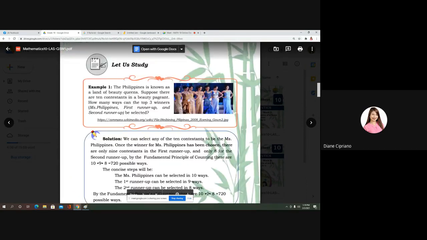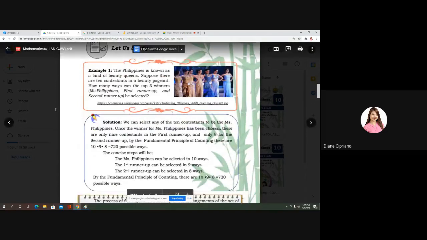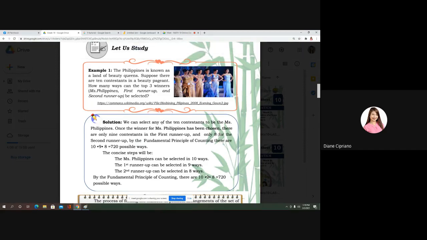So let us now proceed with let us study part. In this case, for our example number 1, the Philippines is known as a land of beauty queens. Suppose there are 10 contestants in a beauty pageant. How many ways can the top 3 winners, such as Miss Philippines, first runner-up and second runner-up, be selected?